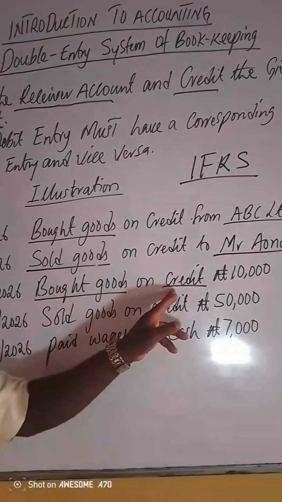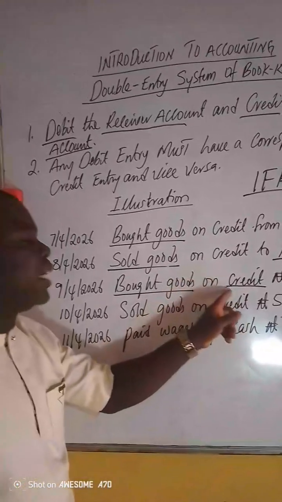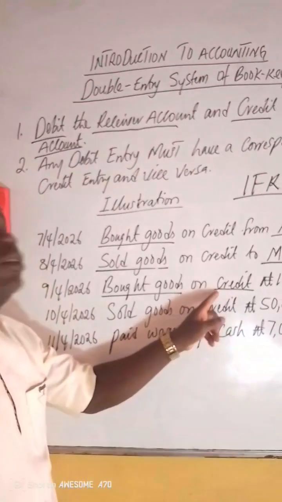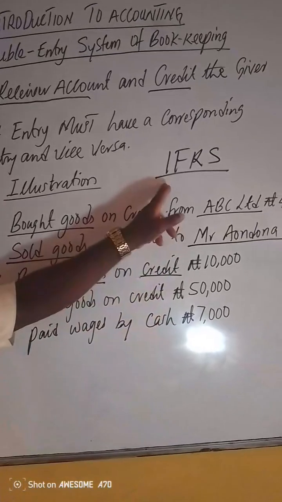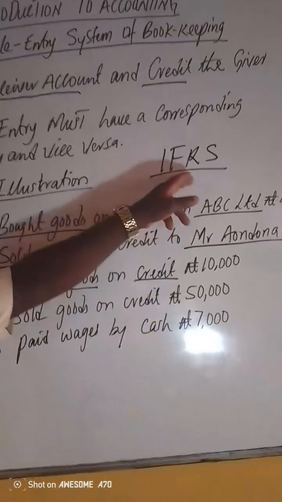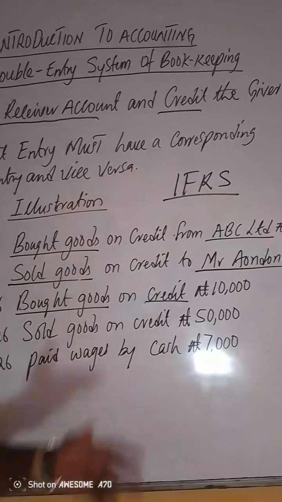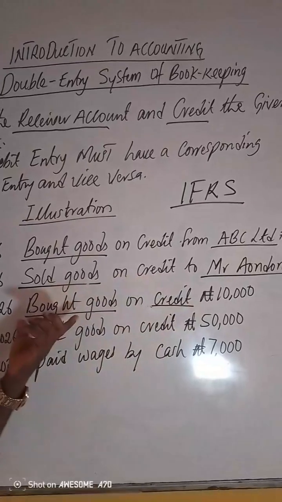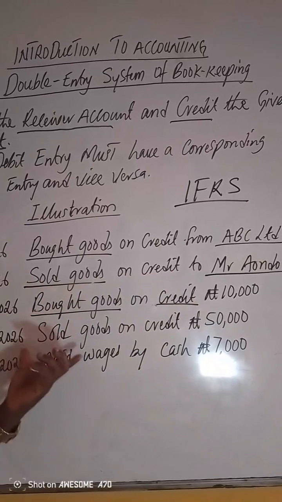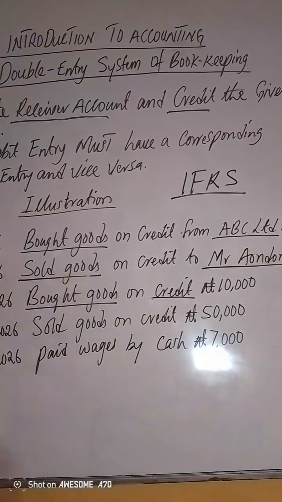Please don't use credit account. There's nothing like a credit account. Neither should you use creditors, because creditors is the old name, which has been changed by International Financial Reporting Standards to trade payable. So trade payable is the giver account, while bought goods, which is purchases, is the receiver account.